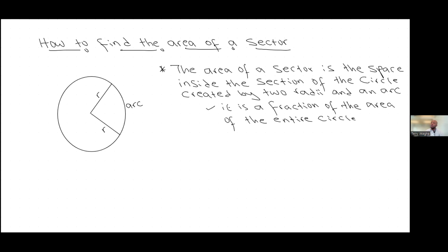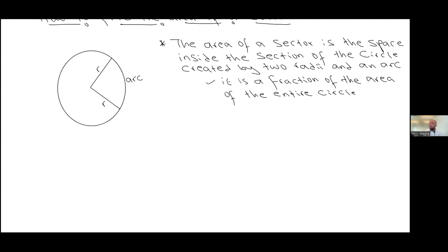Okay, now if you look at this carefully, we can break down the circle into two forms, okay? So you can see that there's a sector that looks like this, the smaller one here.